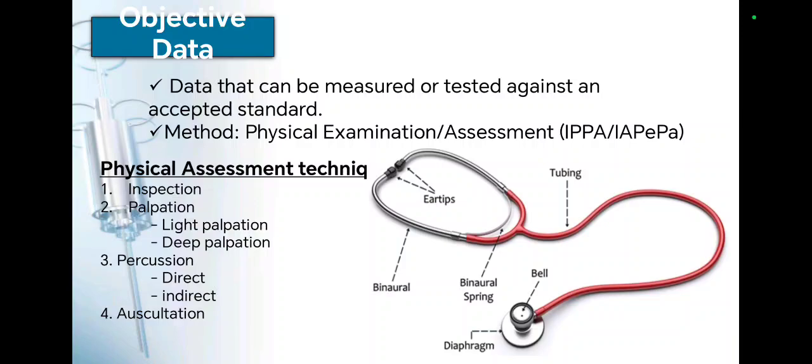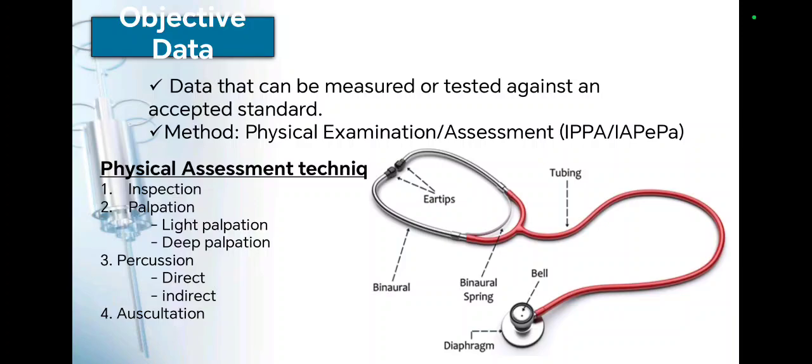Because they are not hollow organs. While tympany is commonly heard when we percuss our abdominal area, mainly our stomach. Because it is a hollow organ, it may have fluid or air. Okay, that's why it produces tympany sound.